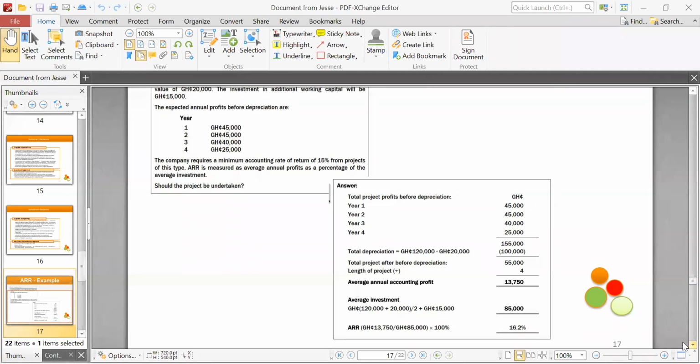Now, what is the formula for accounting rate of return? Did I mention that? I don't think I mentioned that. No, sir. Okay.